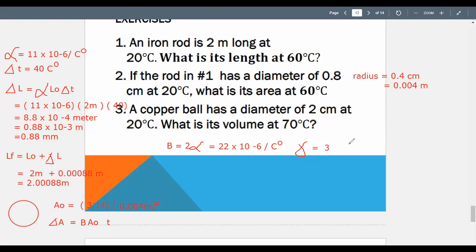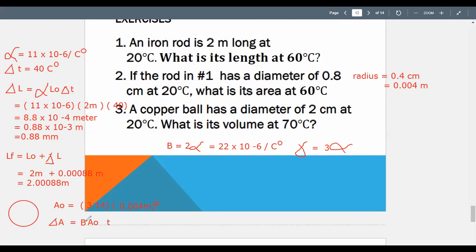So if you are dealing with an iron rod, and the iron rod now has a volume, it is just 3 times alpha. Okay, so gamma is for volume expansion, beta is for area expansion.